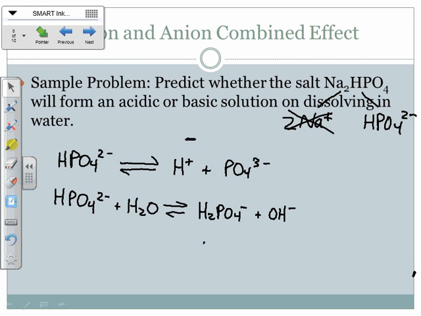This top one here, so what we have data for in the book is we have the H3PO4, the Ka for that one is 7.5 times 10 to the negative third. The Ka for H2PO4- is 6.2 times 10 to the negative eighth.